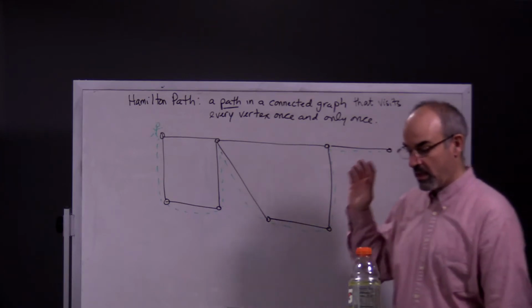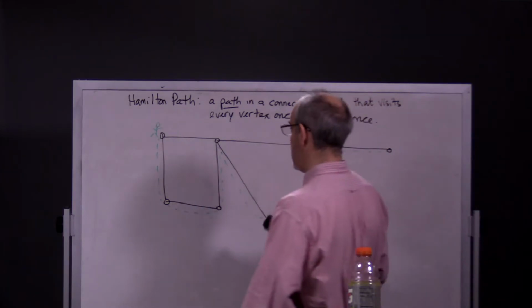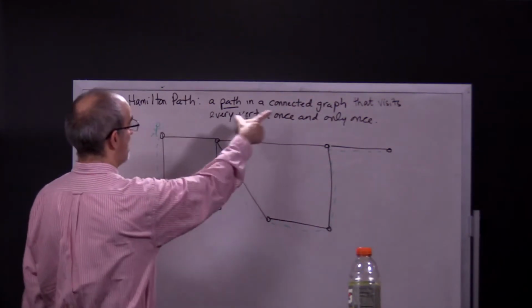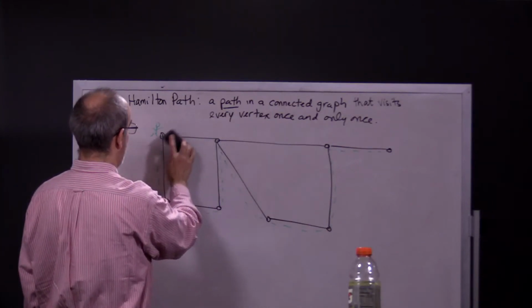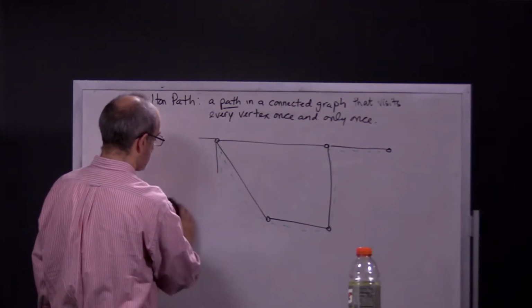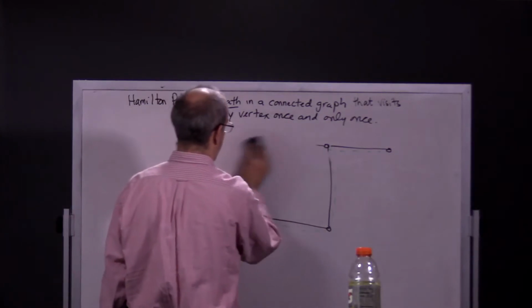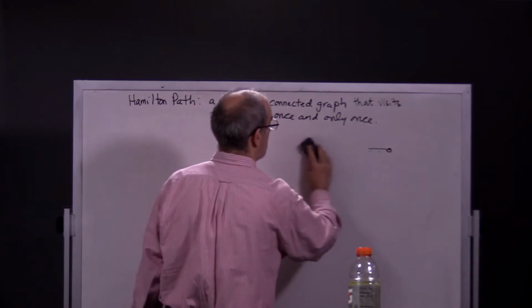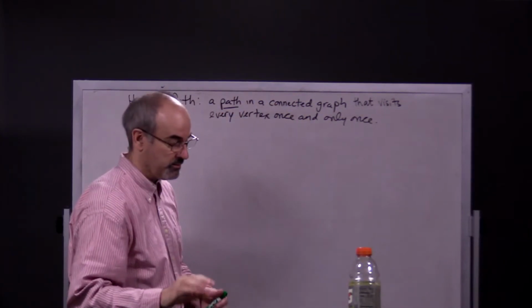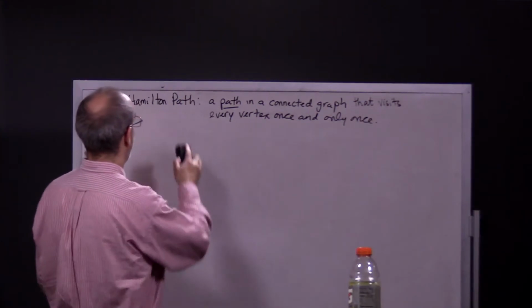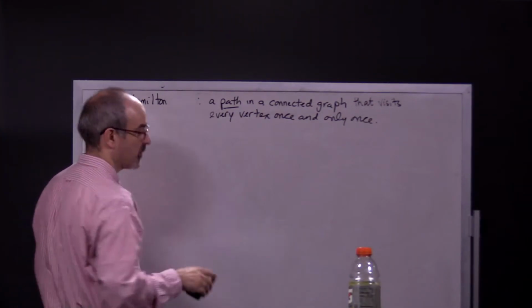Okay. Now we're going to talk about what a Hamilton circuit is, which you can guess. It has a similar definition to Hamilton path. Matter of fact, I don't have to erase this whole thing. I can just erase a couple words in it before I lose my voice again.